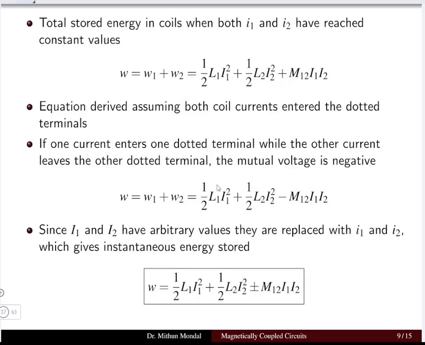For the general equation, I1 and I2 are arbitrary values, so they can be replaced with the instantaneous currents i1 and i2 for which we want to calculate the stored energy. The general formula has the self energy due to the first coil, the self energy due to the second coil, and the mutual energy with a positive or negative sign depending on the direction in which the current is flowing in the first coil and the second coil.